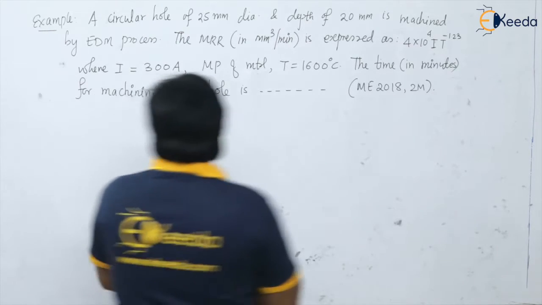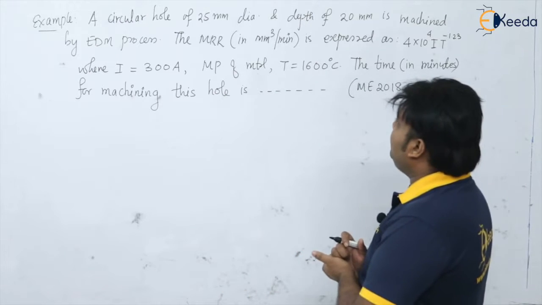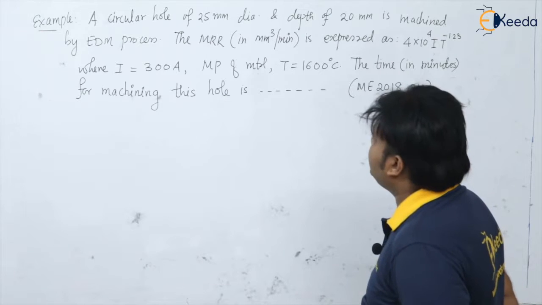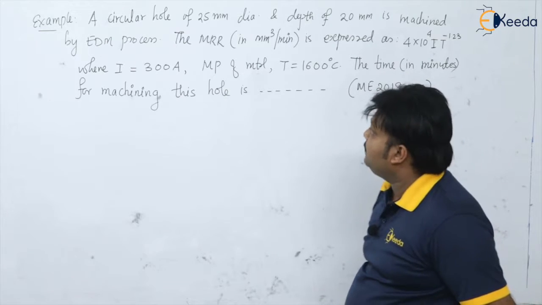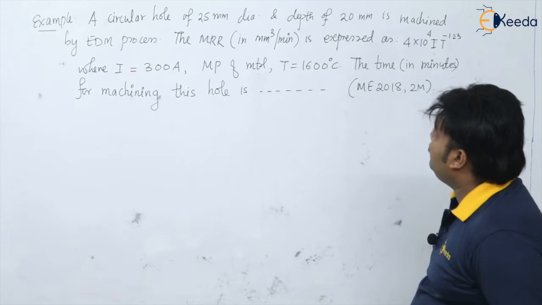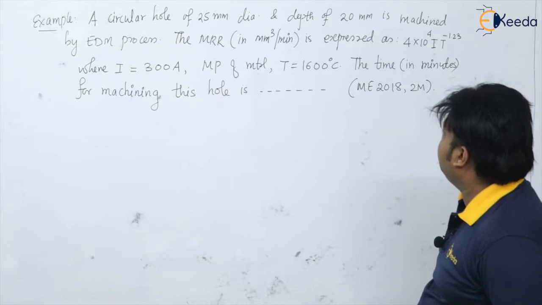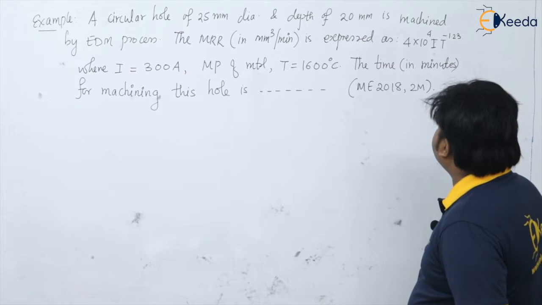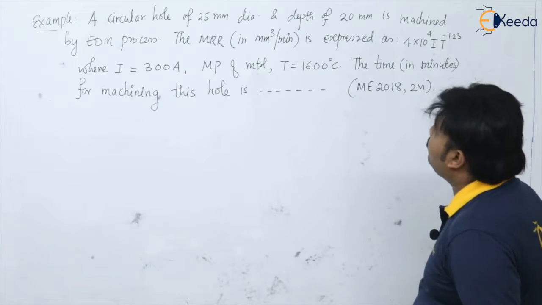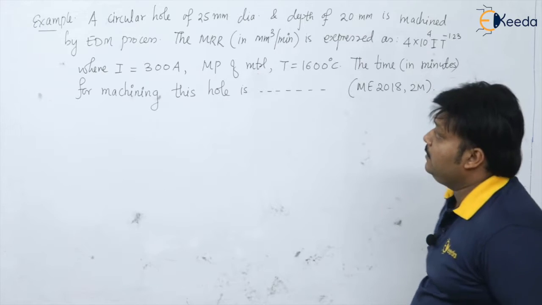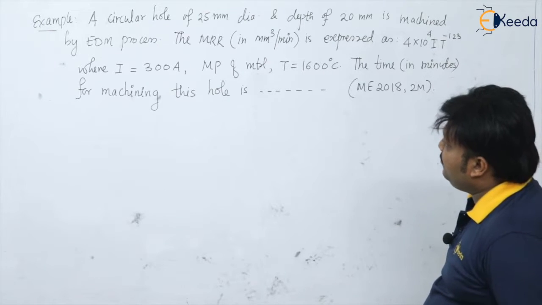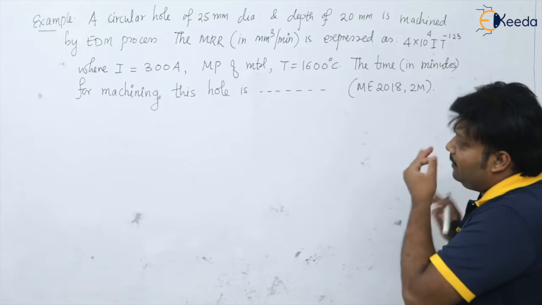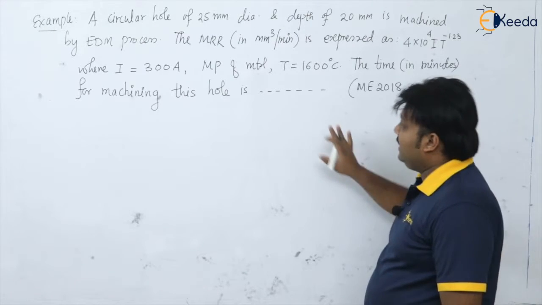A circular hole of 25 mm diameter and depth of 20 mm is machined by the EDM process. The material removal rate in mm cube per minute is expressed as 4 into 10 to the power 4 into I into t to the power negative 1.23, where the current is 300 ampere, melting point of the material is 1600 degrees centigrade. The time required for machining we have to calculate.